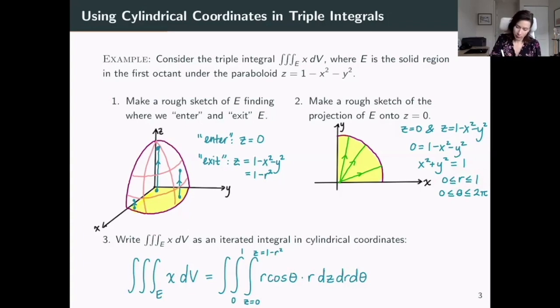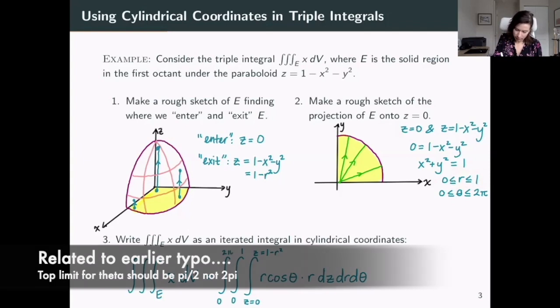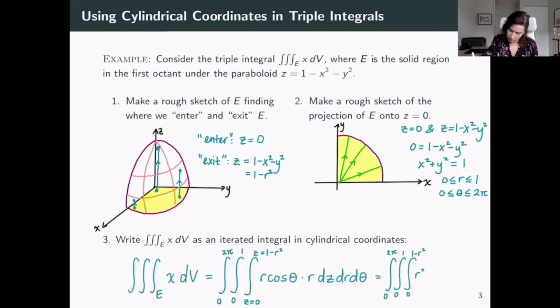And then finally, we'll have 0 to 2 pi for our limits of integration for theta. This gives us in total a nice triple iterated integral in terms of r, theta, and z, where it will be r squared cos theta, integrating with respect to z, then r, and then theta.